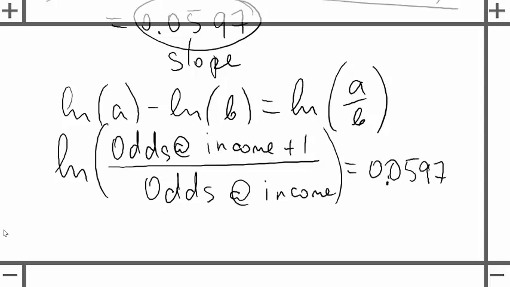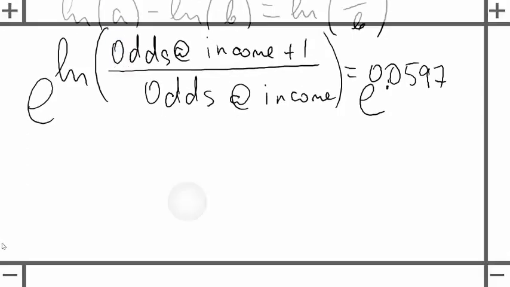0.0597. How do I get rid of ln? How do you reverse the ln function? e to the power. This should be equal to e to the power that, right? So finally, here's what I have.